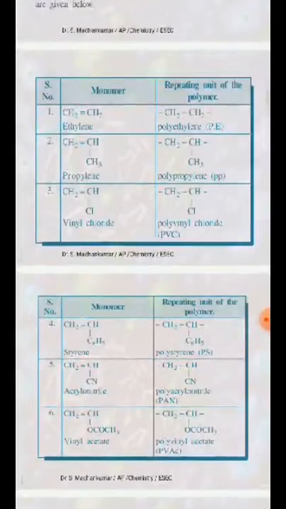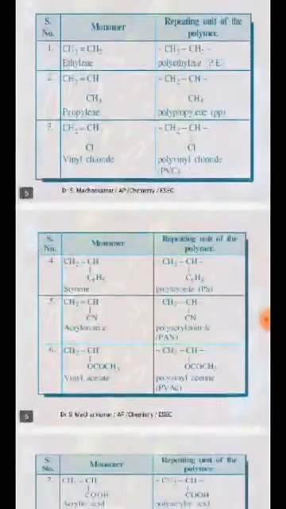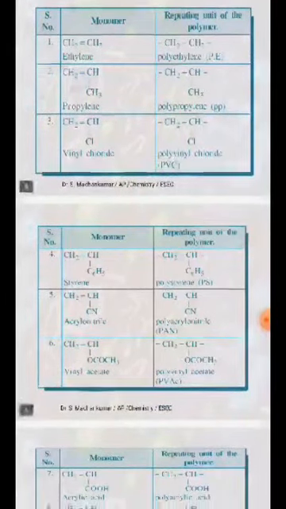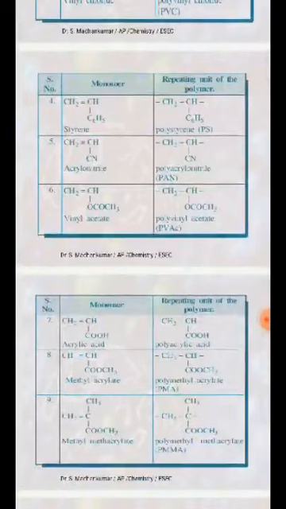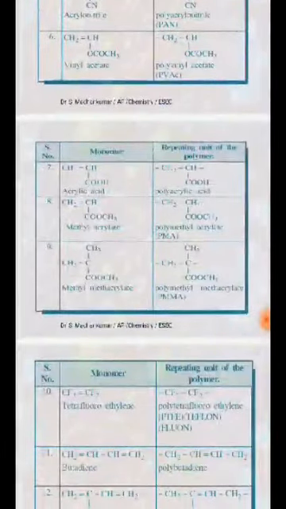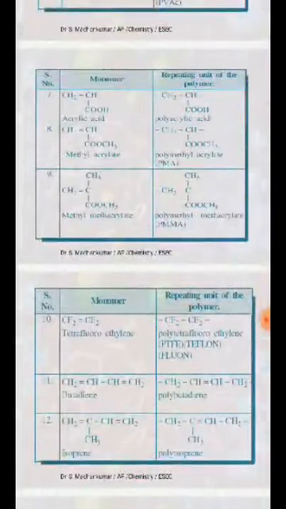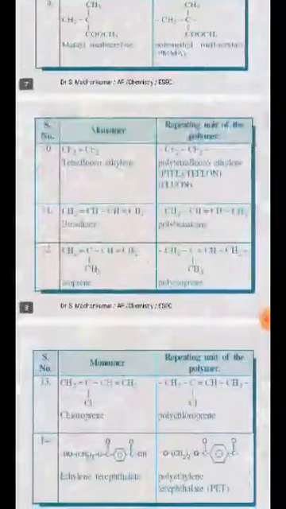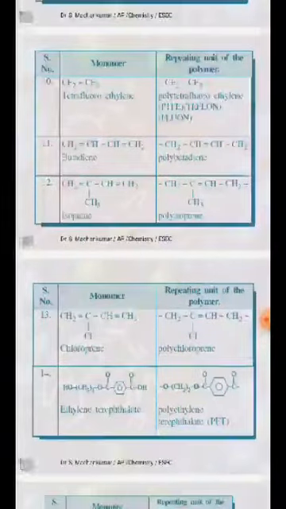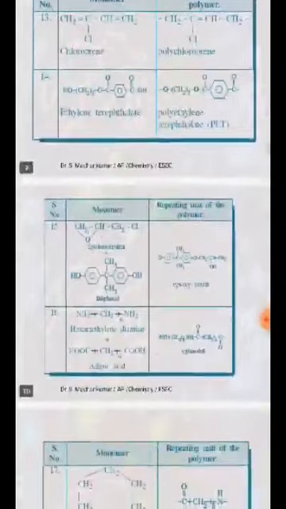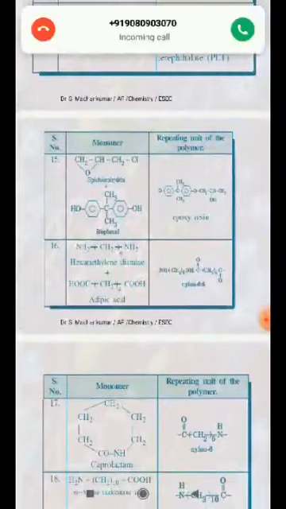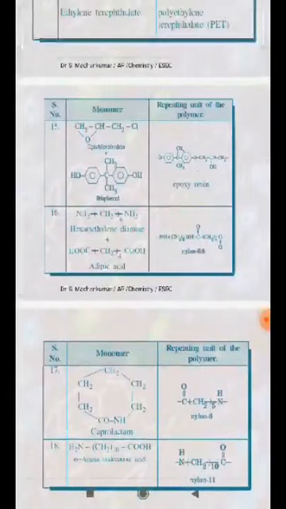Repeating unit of polymer: ethylene, polyethylene; propylene, polypropylene; vinyl chloride, polyvinyl chloride; styrene, polystyrene; acrylonitrile, polyacrylonitrile; vinyl acetate, polyvinyl acetate; acrylic acid, polyacrylic acid; methyl acrylate, polymethyl acrylate; methyl methacrylate, polymethyl methacrylate; tetrafluoroethylene, polytetrafluoroethylene; butadiene, polybutadiene; isoprene, polyisoprene; chloroprene, polychloroprene; ethylene terephthalate, polyethylene terephthalate; epoxy resin; hexamethylene diamine, nylon 6,6; caprolactam, nylon 6; alpha amino undecanoic acid, nylon 11.